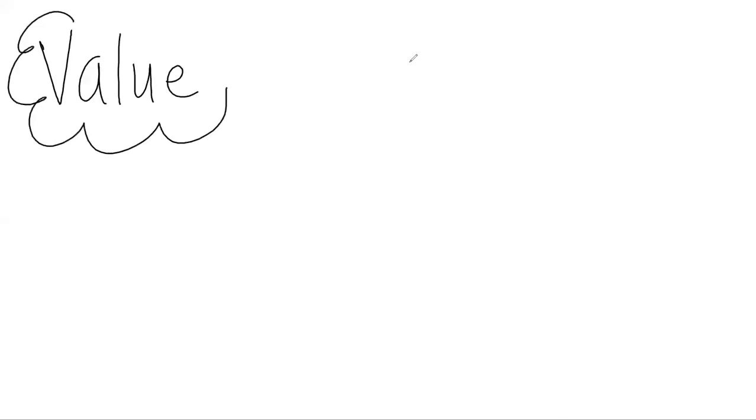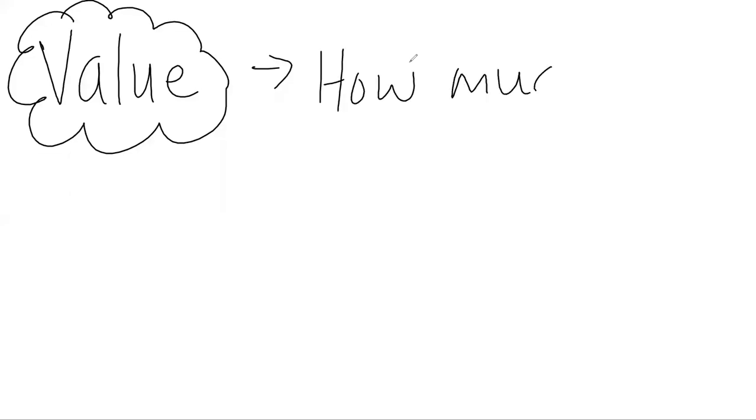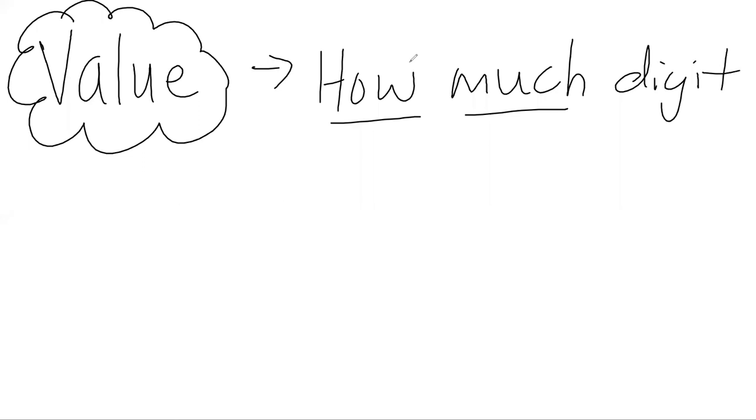Now let's look at that idea of value, right? These are related, and again, like I said, they connect to digits. And value is how much. It's how much a digit is worth. So we write this one as a number.